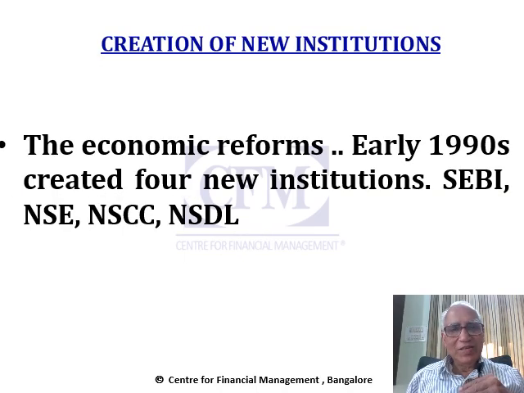It must be emphasized that the metamorphosis of the equity market was due to the economic reforms of the early 1990s, when four new institutions were created: Securities and Exchange Board of India, National Stock Exchange, National Securities Clearing Corporation, National Securities Depositories Limited.